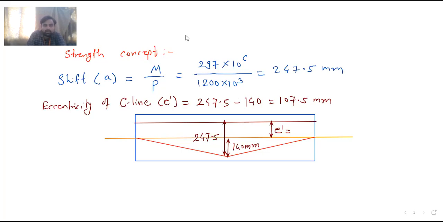Now see, your C line is at the top, so your C force is acting here at this level.